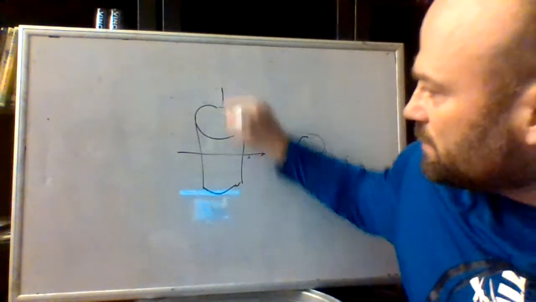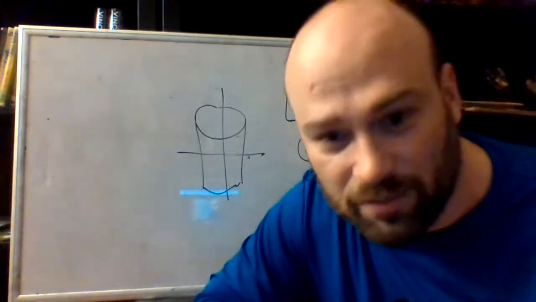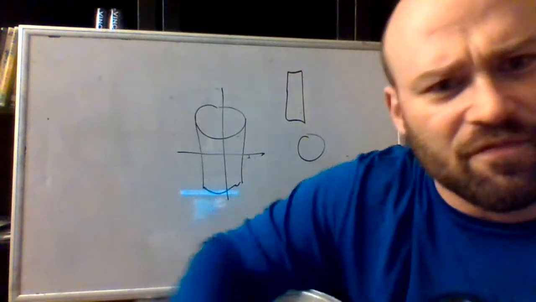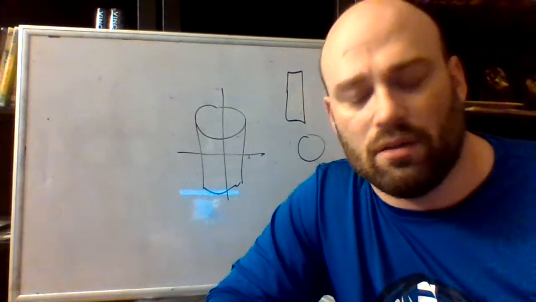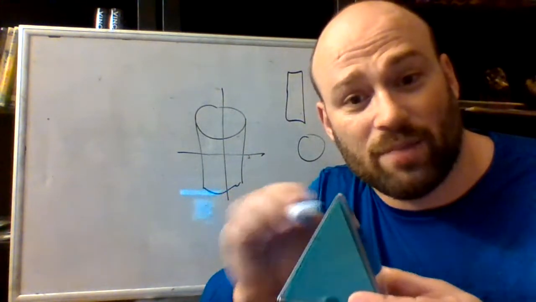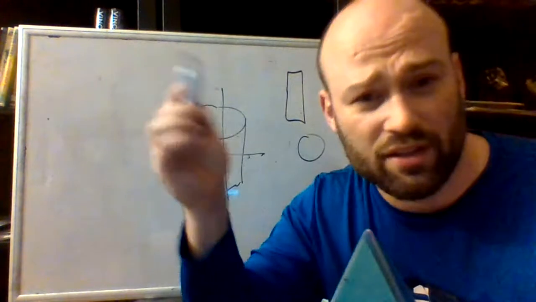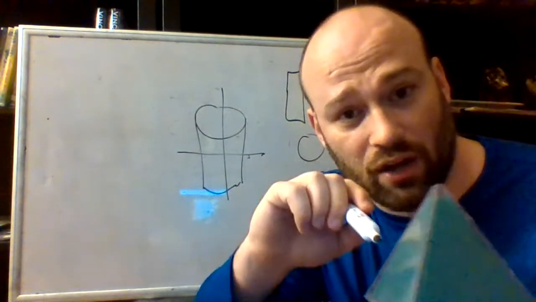If you cut it vertically, we're going to get a rectangle here. You have to be careful, though, with vertical cuts. So a horizontal cut on a pyramid, you're going to get a square, the base. If you cut this vertically through the apex, remember, you cut it vertically through the apex, you're going to get a triangle.